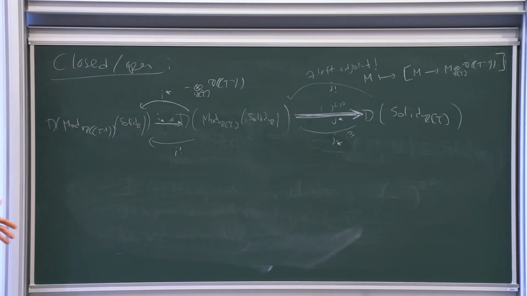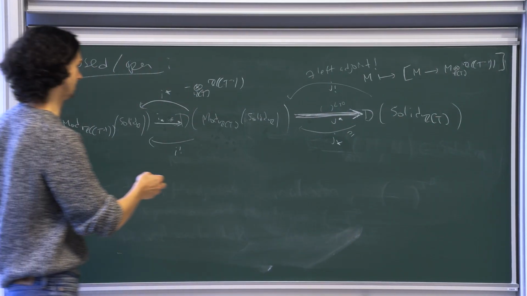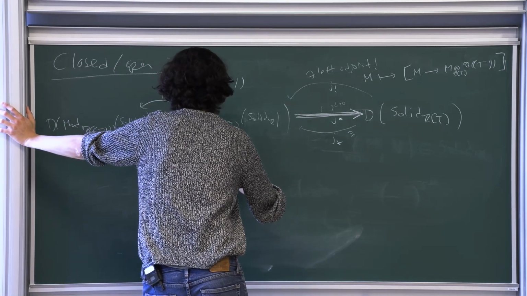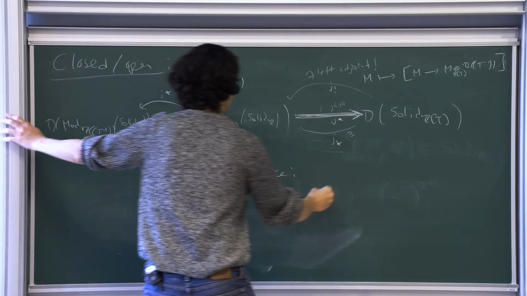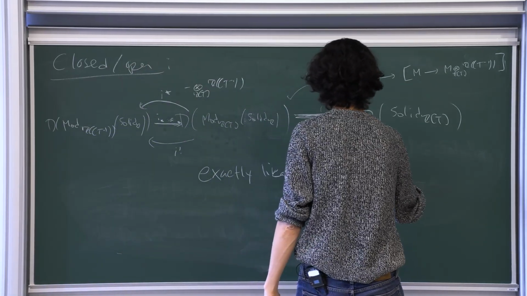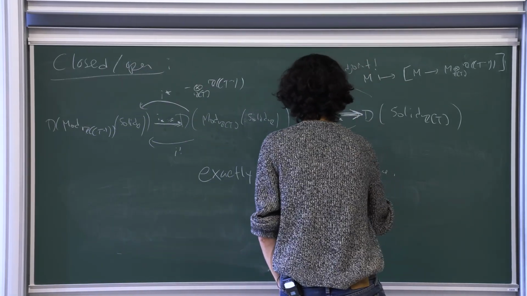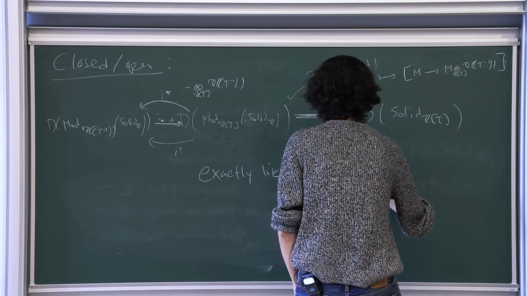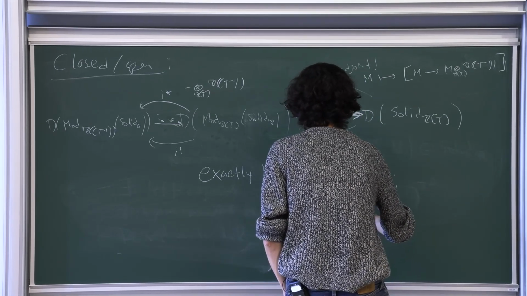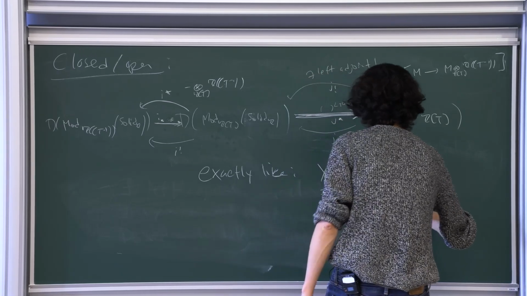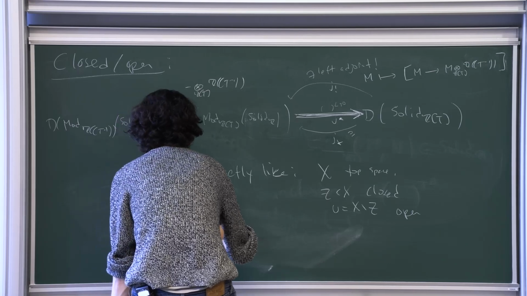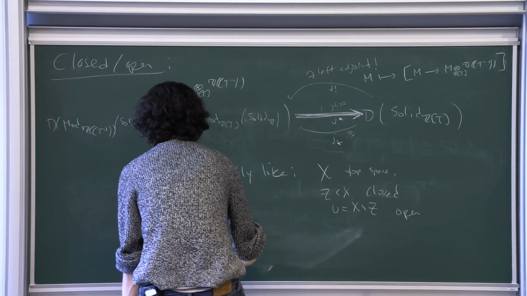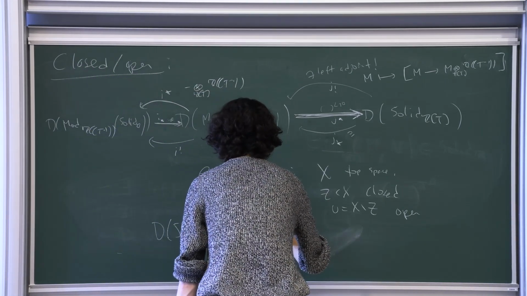So the interpretation that this suggests is exactly like if you have a topological space X, and Z a closed subset, and U the complement open, then on derived categories of sheaves you have exactly the same thing.